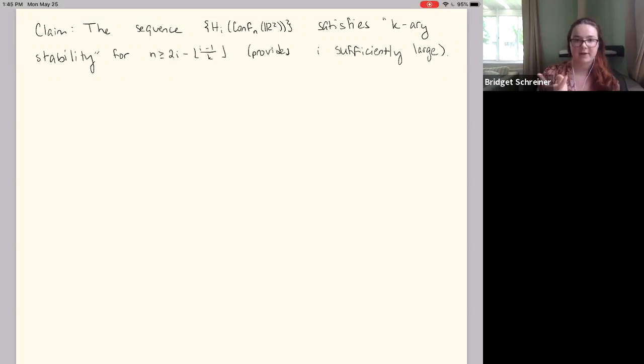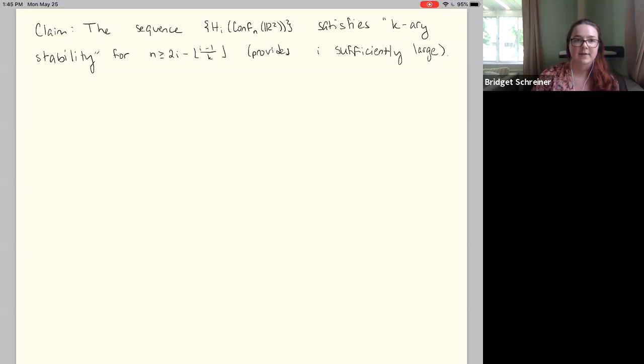So if you look at the difference between values in, say, a sequence, maybe when we're asking for a sequence to stabilize, the differences should be getting closer and closer to 0. But maybe they don't get closer and closer to 0, they just get closer and closer to, say, 2. That should correspond to something like the second cross effect of a function, which should correspond to what we're looking at as secondary stability.